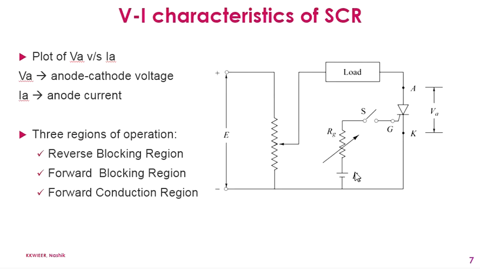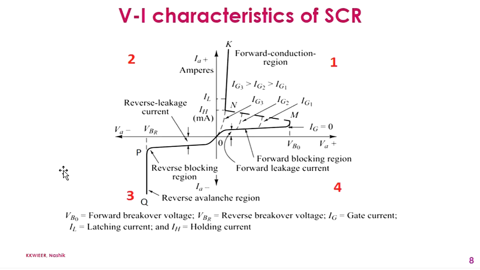According to these three operations, we are going to see the plot of anode cathode voltage versus anode current. This is the VI characteristics of SCR, and it works in two quadrants, first and third. We'll start with the first region, that is the reverse blocking region.